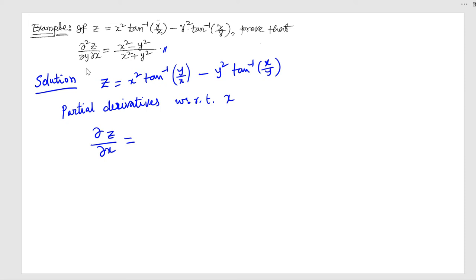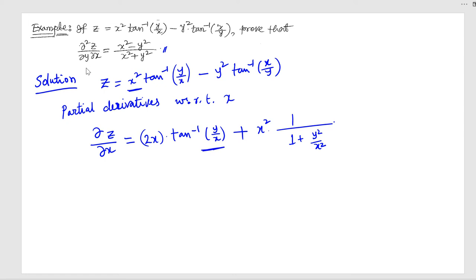So first this one, so u into v formula. So this is 2x times tan inverse y by x. Then we have plus, so x square will be constant now, and then we have tan inverse y by x. So what it will be? 1 by 1 plus y square by x square.